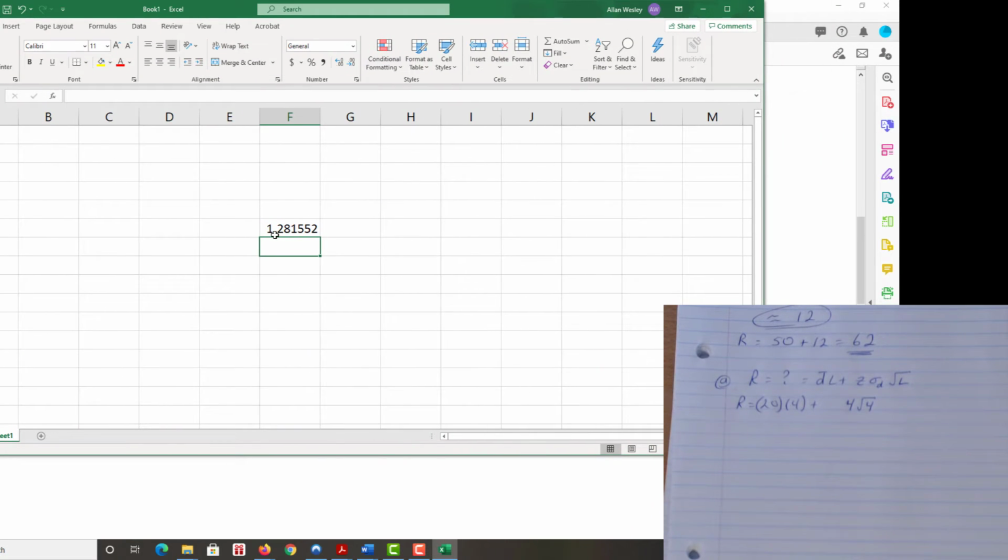And I could just change my existing norm.s.inv formula and change that to 95%. And now I get about 1.644, 1.645, that kind of thing.